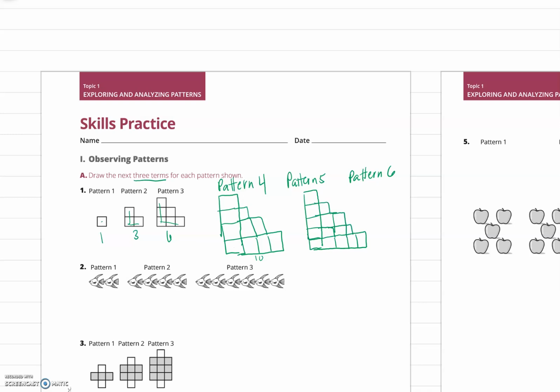And so that's what pattern 5 would look like. And we have a total of 1, 2, 3, 4, 5, 6, 7, 8, 9, 10, 11, 12, 13, 14, 15. And then pattern 6, we're going to have like that.